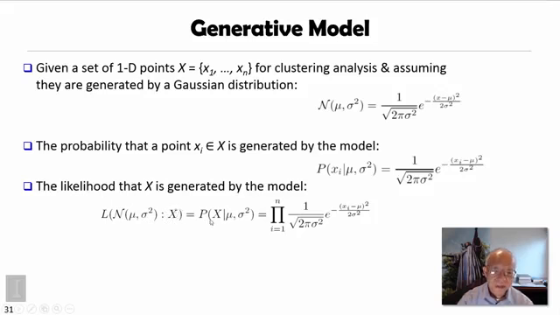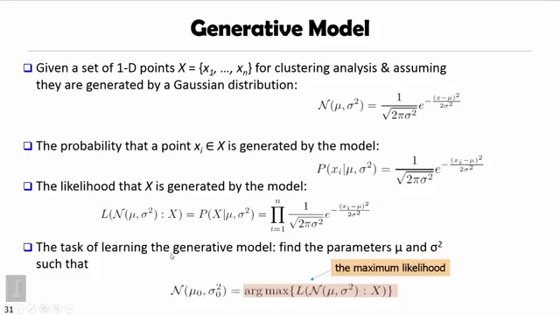Essentially, it's the probability of a set of points x under the condition of mu and sigma square. For i from 1 to n, we multiply all these probabilities together, and we get the probability of generating the data set x. Then the task of learning this generative model is to find the parameters mu and sigma. For this particular distribution, we try to find the maximum likelihood that this set of x is generated according to these two parameters.